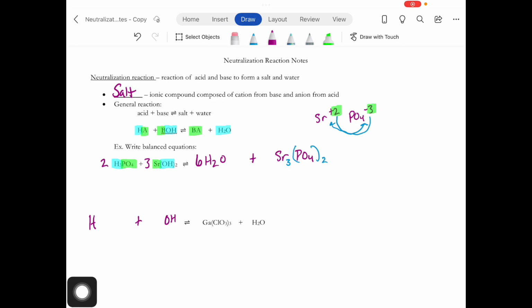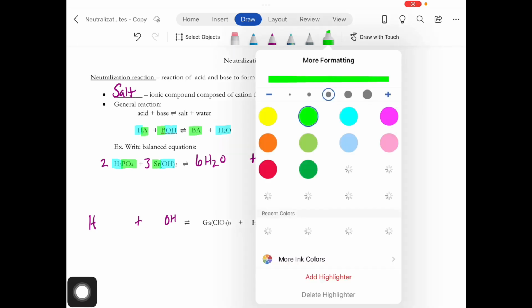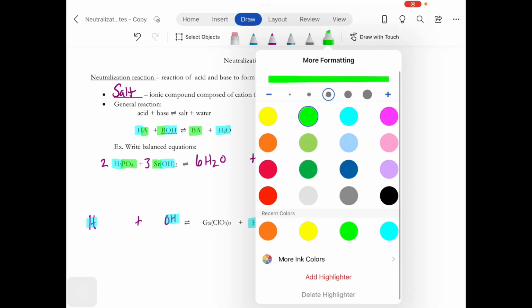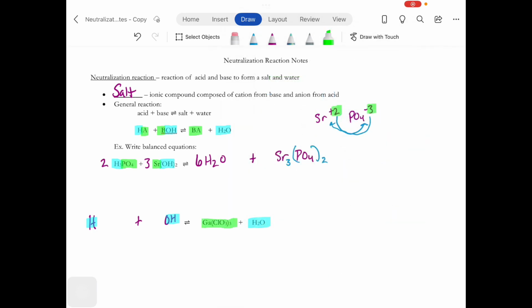So remember, H and OH combined to form that. So that means these go into here. And notice from up here, the metal in front of your salt is the first part of your base. So this is going to be a Ga.